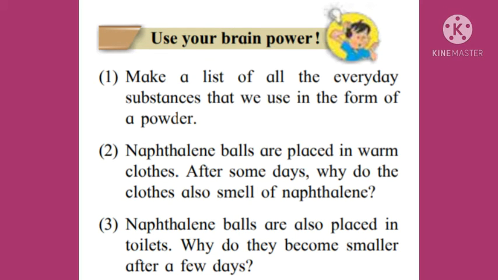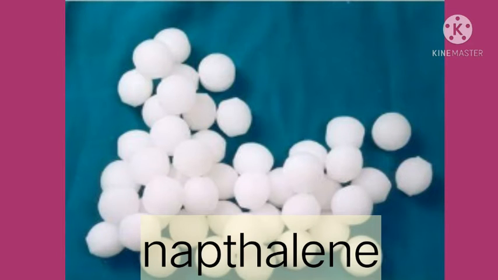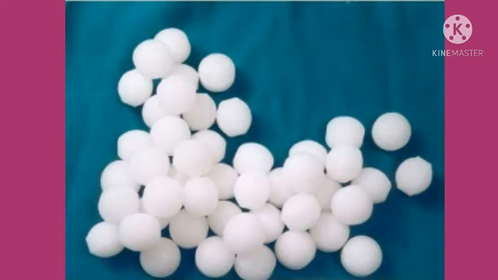After some days, why do the cloths also smell of naphthalene? Naphthalene is continuously being converted into small particles in the gaseous state. Such small particles from the balls settle on the cloths, so the cloths too smell of naphthalene.